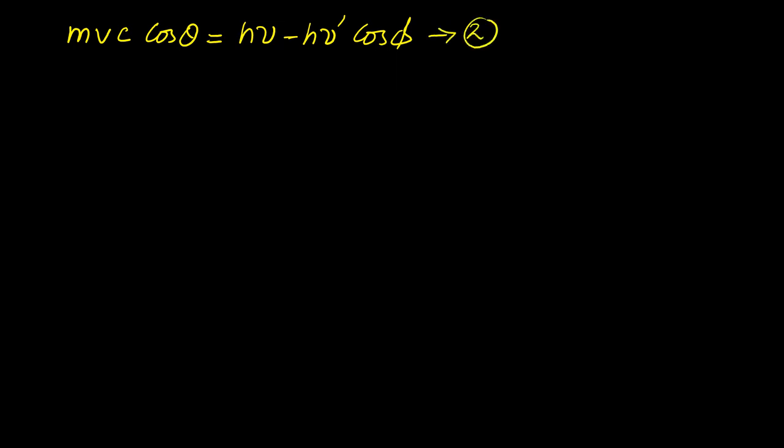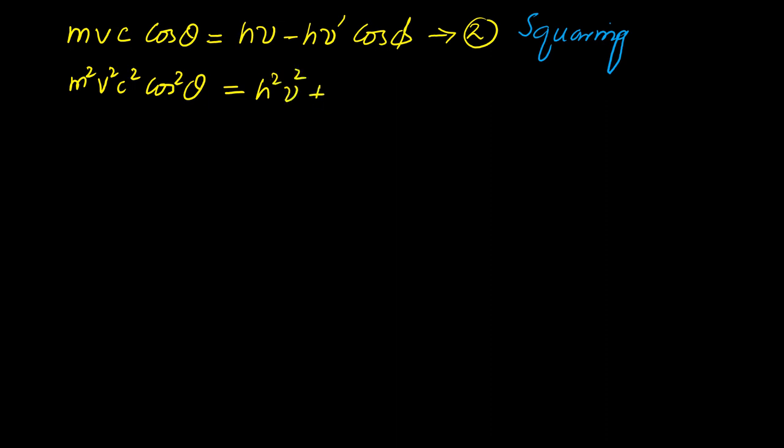Now squaring equation number 2, we get a new equation: m square v square c square cos square of theta is equal to h square nu square plus h square nu prime square cos square of phi minus 2 h square nu nu prime into cos of phi.